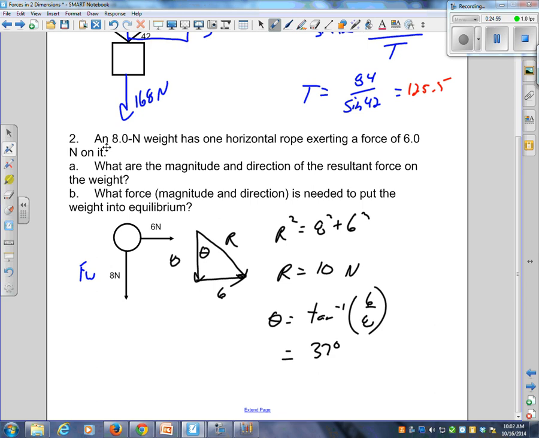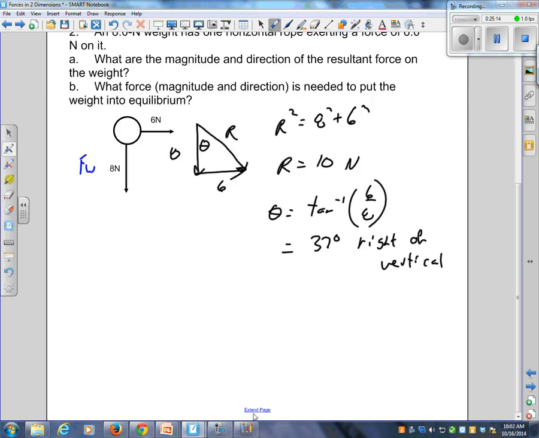Now, we haven't really been given any references for this angle, like south or east or anything like that. It's really 37 degrees right of vertical. The hardest part of this question is trying to figure out how to describe that direction. And so the equilibrium is simply 10 newtons in the opposite direction, so that would be 37 degrees left of vertical, or you could just say opposite direction.